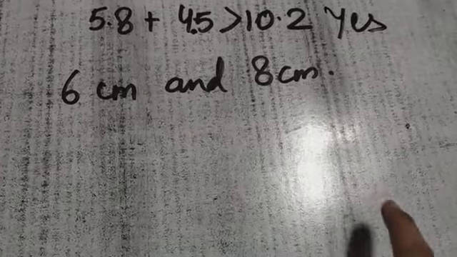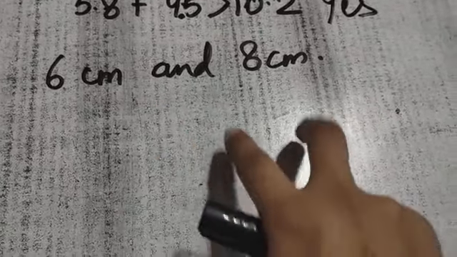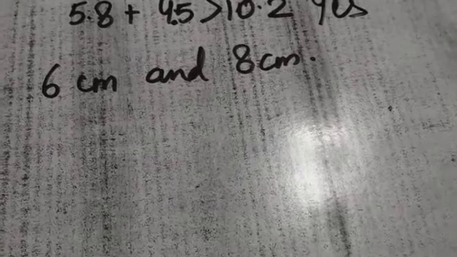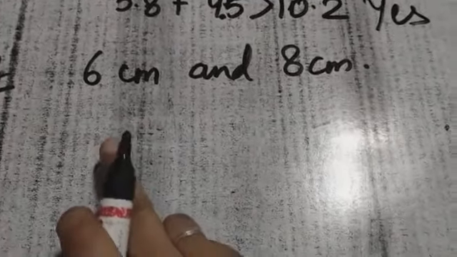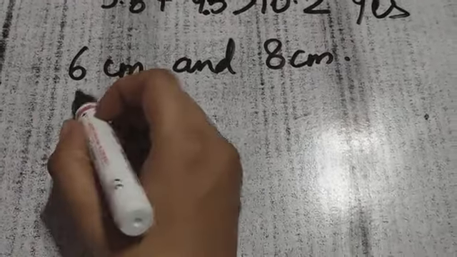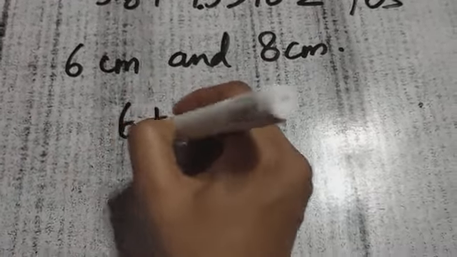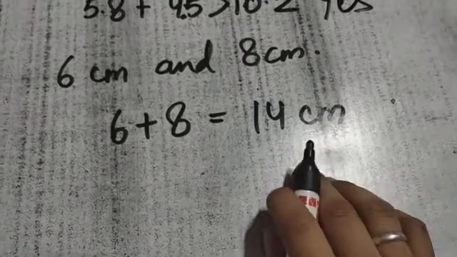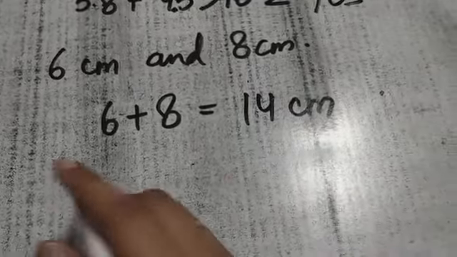We can only tell between which two lengths the third side will lie. So the length of the third side should be smaller than the sum of these two, meaning 6 plus 8 is 14 centimeter. So the length will be less than 14 centimeter.